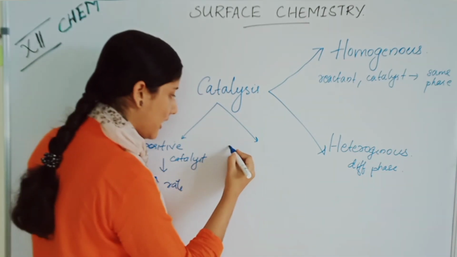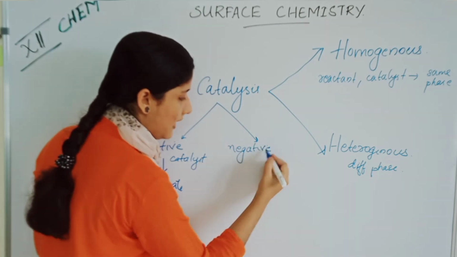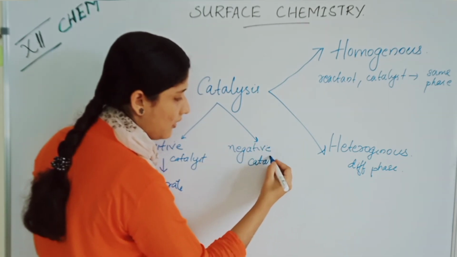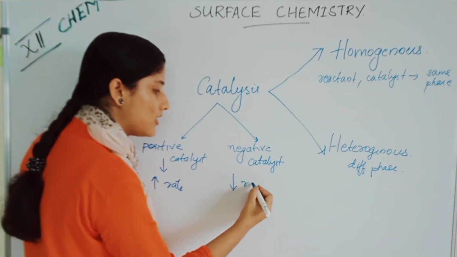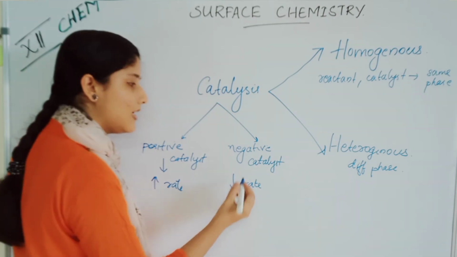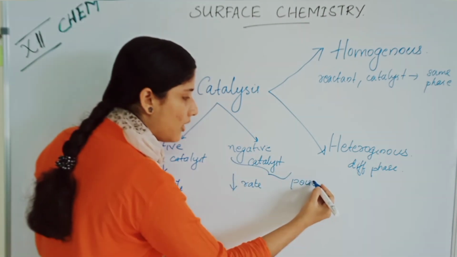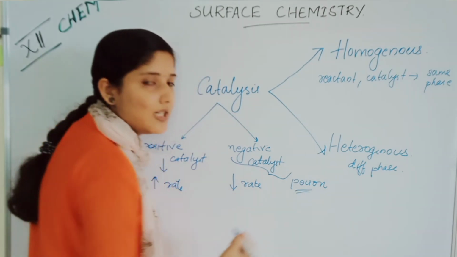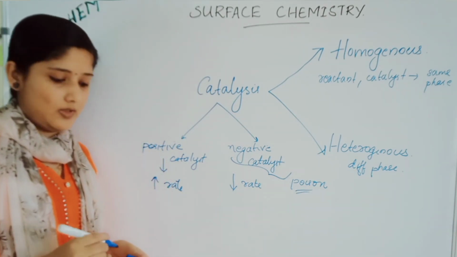There is also a negative catalyst. What does it do? It decreases the rate of a chemical reaction. A negative catalyst can also be called a poison, that decreases the rate of a chemical reaction.